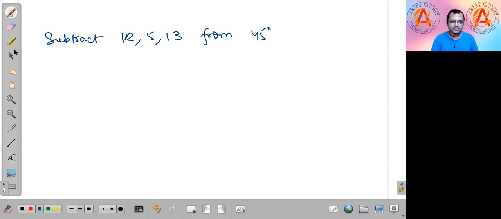Remember we had done subtraction. So let's say I have a 45 degree triple. 45 degree means this one. And from this I have to subtract 12, 5, 13. Basically we'll subtract from this particular triangle. I can subtract like this also.